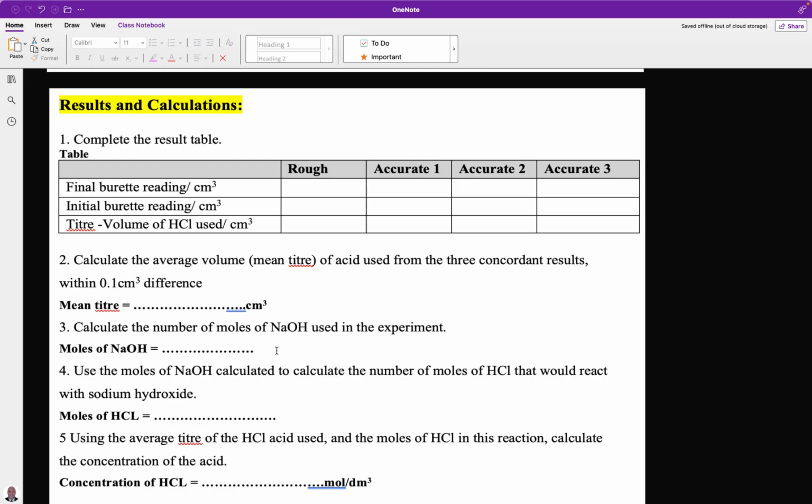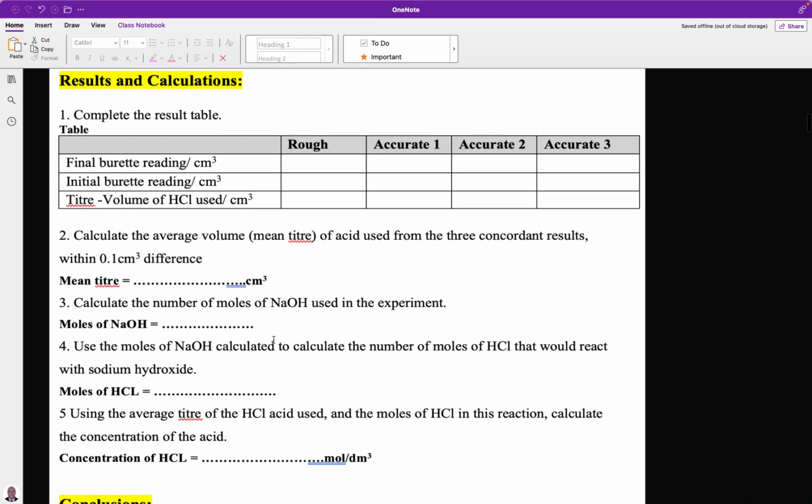Divide the volume of sodium hydroxide by 1000 to have it in dm cube. Then the number of moles of sodium hydroxide will be the concentration of the sodium hydroxide that was given times the volume in dm cube. You will have the number of moles of sodium hydroxide.